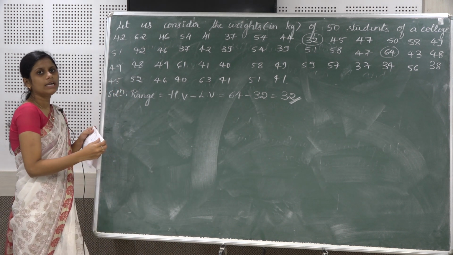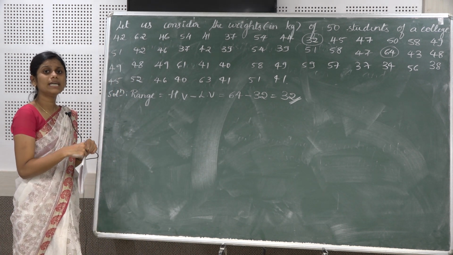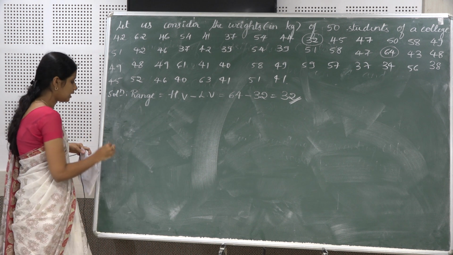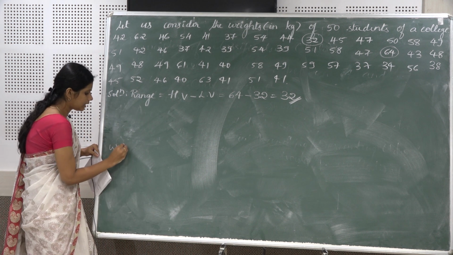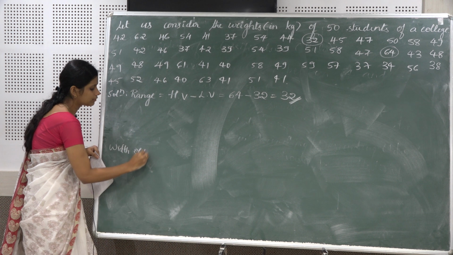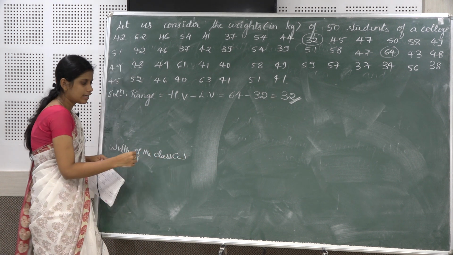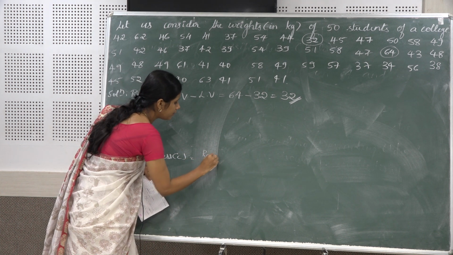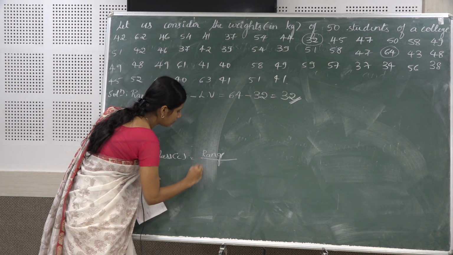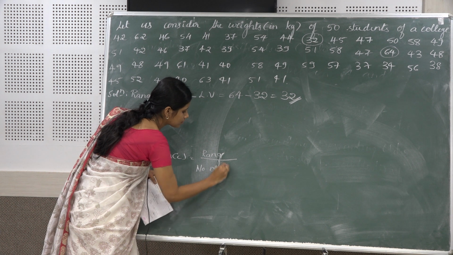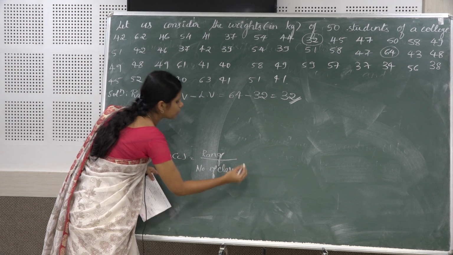Now, in order to find the width, you need the number of classes as well. The width of the class, denoted by small c, is range divided by number of classes. So how do we find the number of classes?